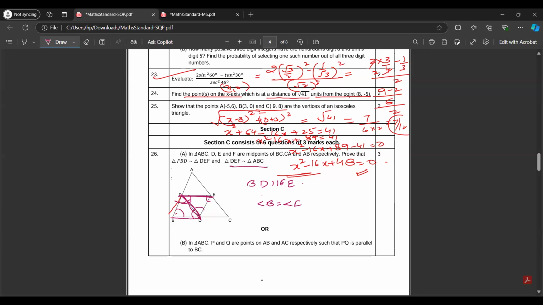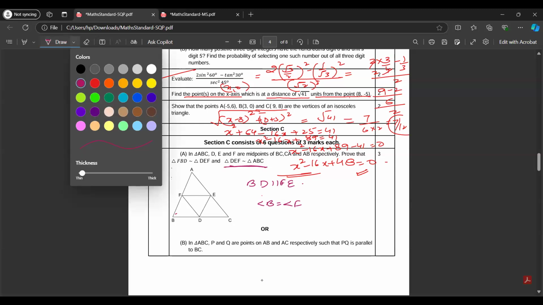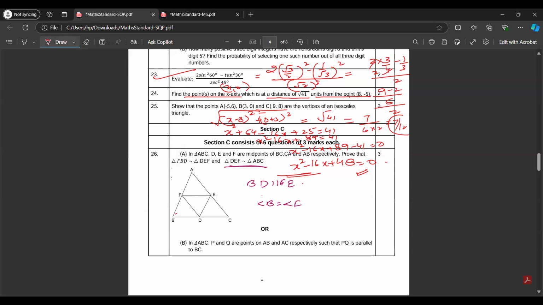In the same way, you can prove this, DEF and ABC. How will you prove this? Ma'am, it is parallel to AB.